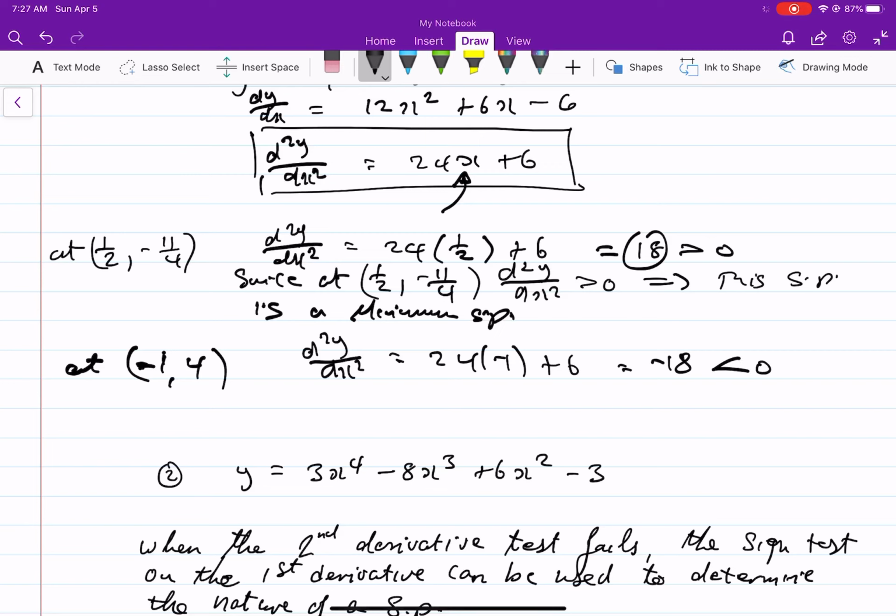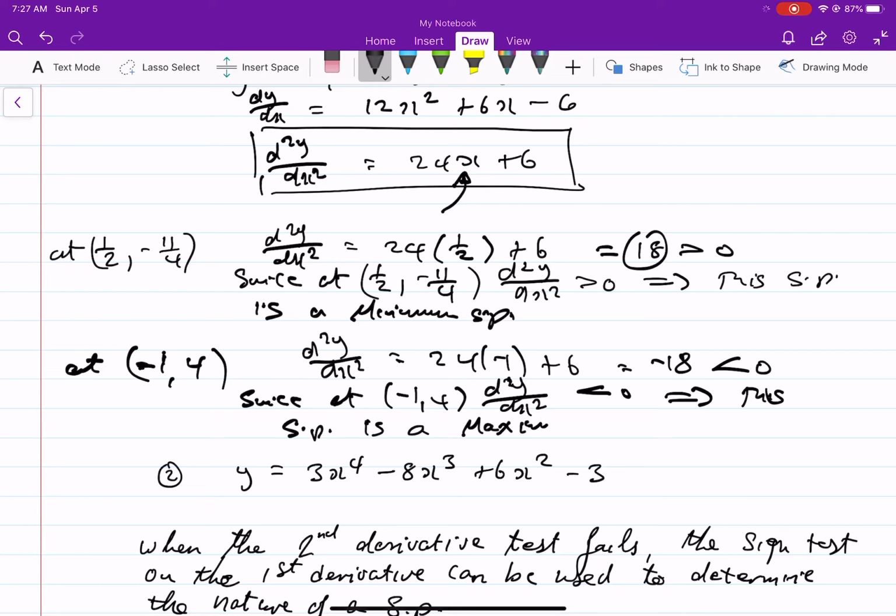That number is negative. What's my conclusion? Since at this other stationary point, d squared y upon dx squared is less than 0, that implies that this stationary point is a maximum stationary point.